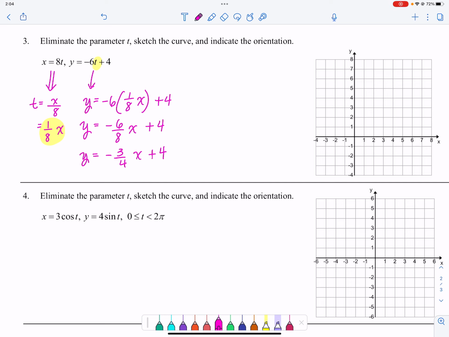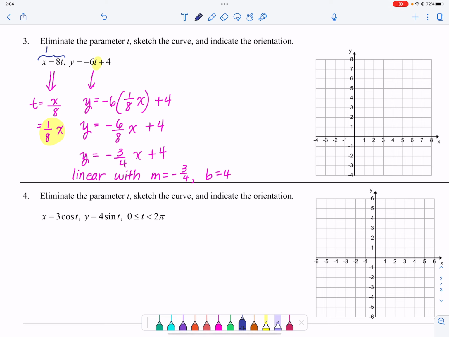Now, let's take a look at that. This is a linear equation with slope of -3/4, and the y-intercept is 4. So let's take a look at the restrictions on the domain.